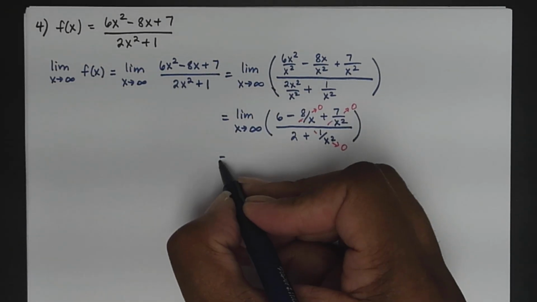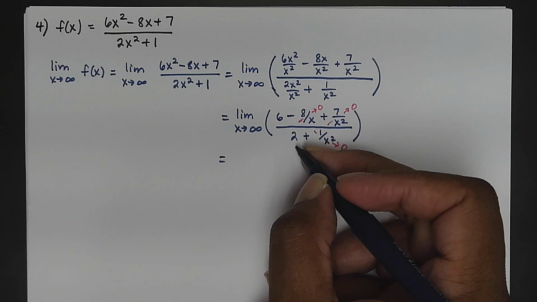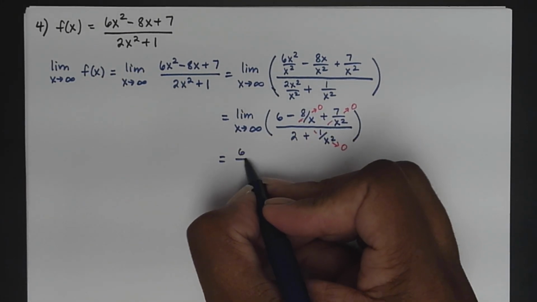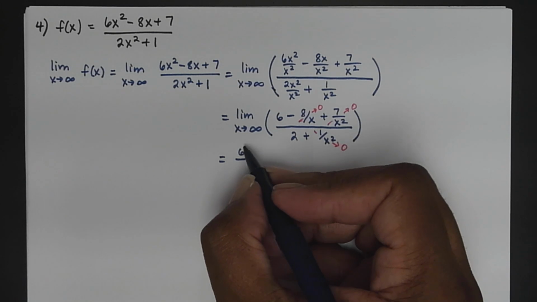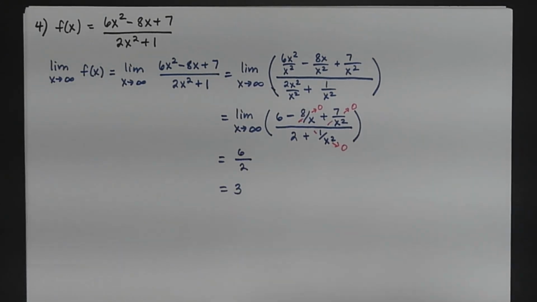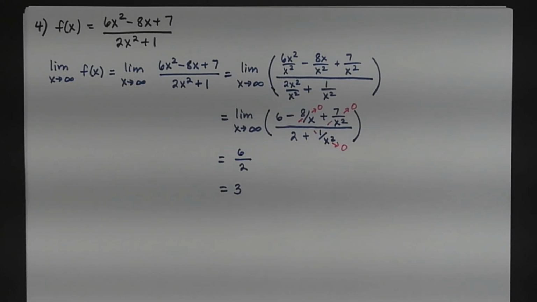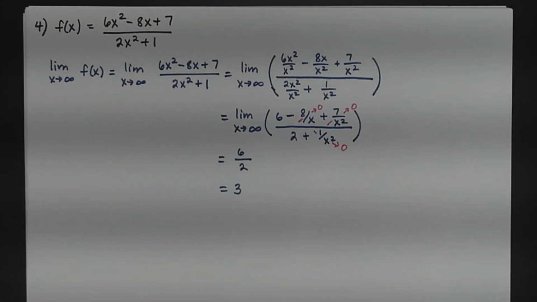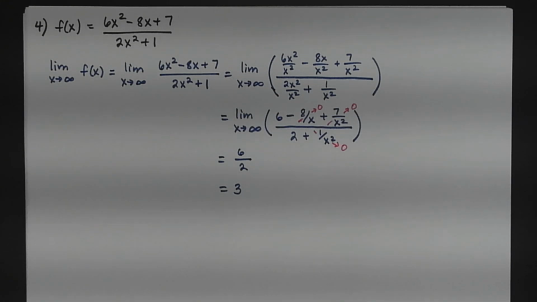So that means I'm going to be left with the limits of constants being constants, so the limit as x approaches infinity of 6 will be 6 over the limit as x approaches infinity of 2, which is 2. 6 over 2 ends up being 3. So the limit as x approaches infinity of that function that's given to us is 3.